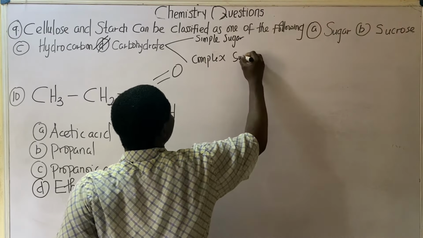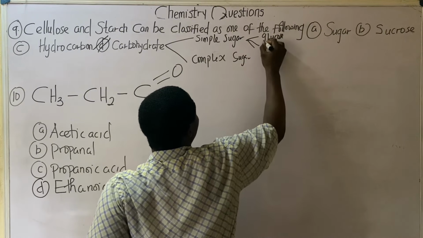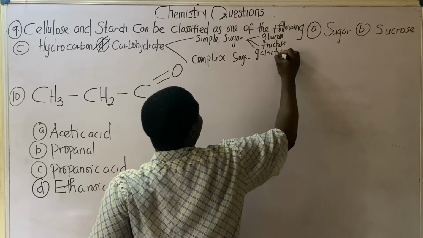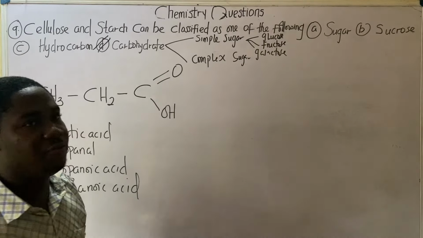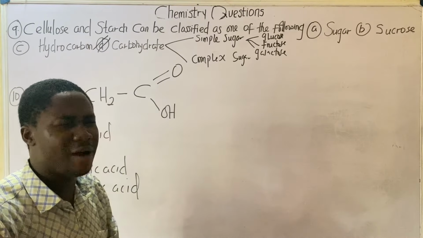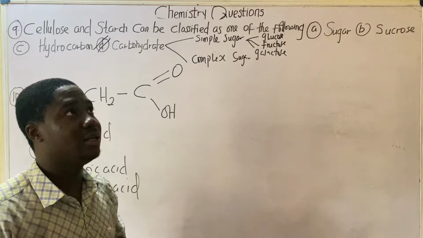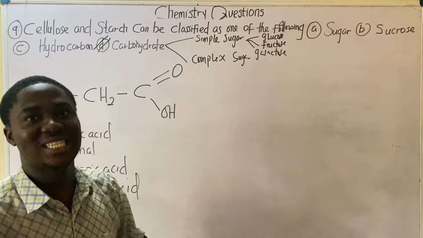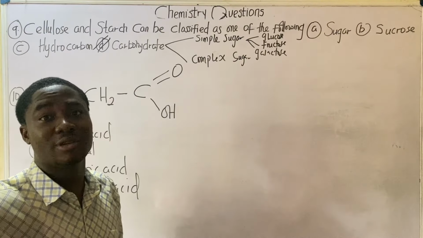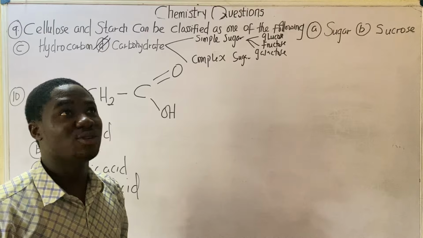On the simple sugars, there are so many, but let me just give the popular examples: glucose, fructose, galactose. They are the very popular ones. We have the likes of arabinose, ribose, ribulose, erythrulose, glycerose, also called glyceraldehyde, dihydroxyacetone, and pseudoheptulose.